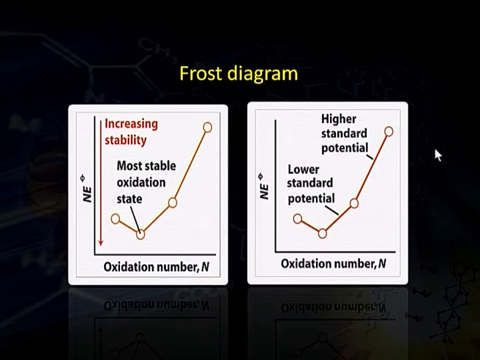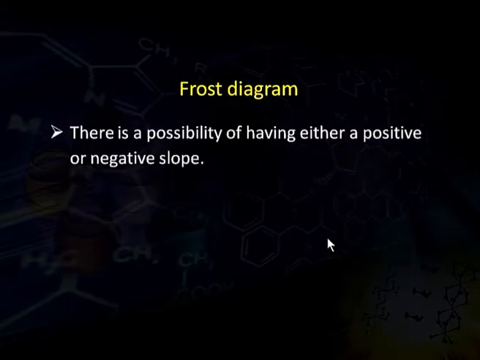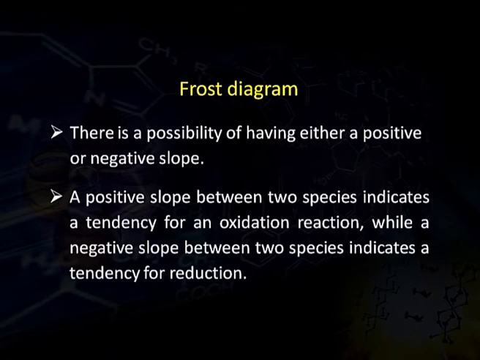Similarly, this is the position of lower standard potential and higher standard potential value. There is a possibility of having either a positive or a negative slope. A positive slope between two species indicates a tendency for an oxidation reaction, while a negative slope between the two species indicates a tendency for reduction.